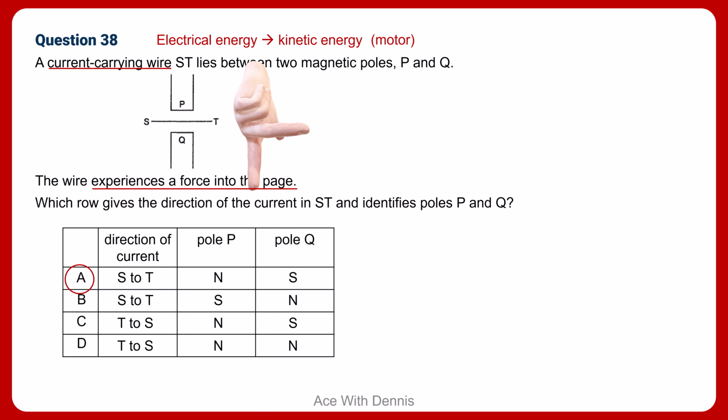You will see that the index finger is pointing from P to Q, which means that P is north, Q is south. The middle finger will point in the direction of the current, hence the current flows from S to T. Therefore, the answer is A.